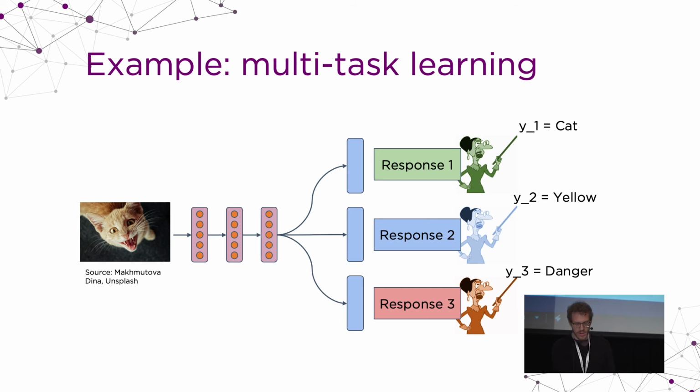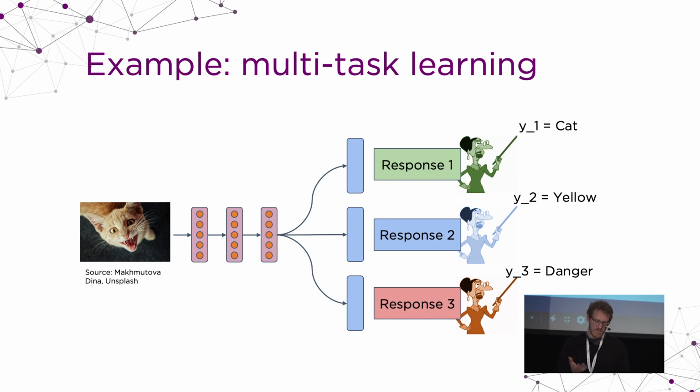So if you are really interested in the first prediction, but you have information about 2 and 3 in your data set, you can use multitask learning to train your model to achieve 3 tasks in parallel, and you can look if it helps the first task.